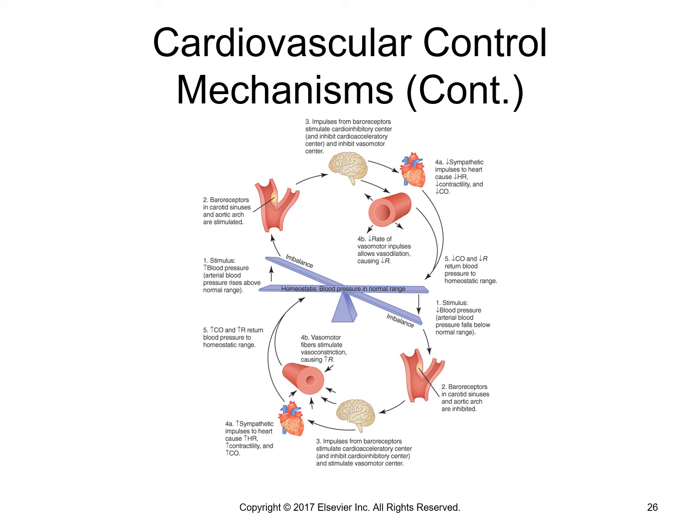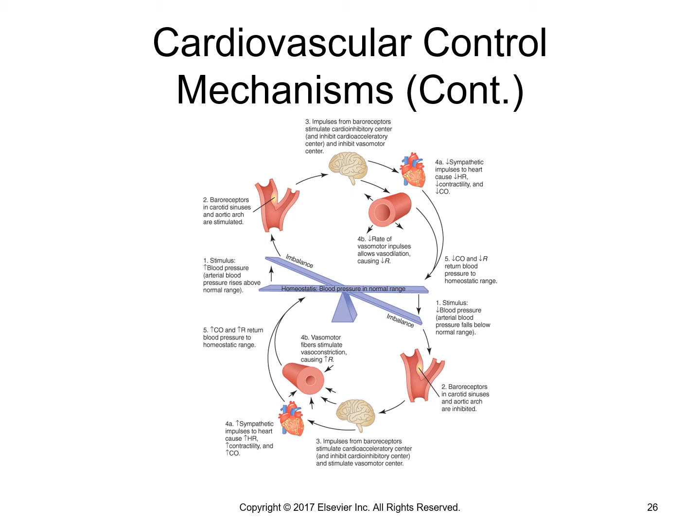Hold on one second. Okay, so we're on the top of it now, on 3. So then we have the impulses from the baroreceptors. They stimulate the cardioinhibitory center and then inhibit the vasomotor center. So then it helps balance it out.